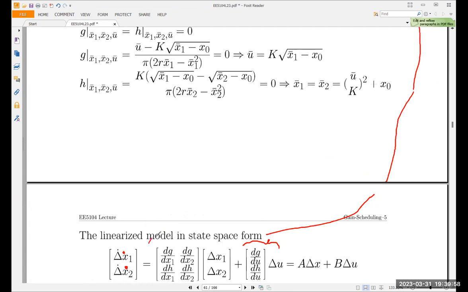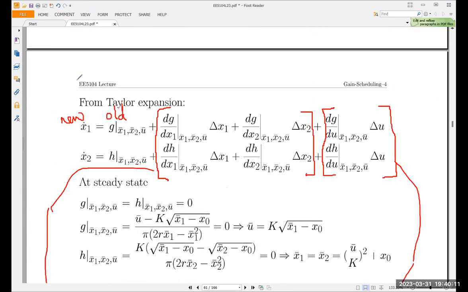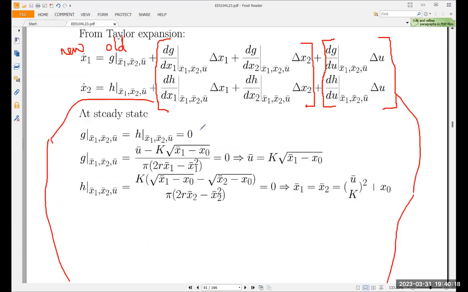And then this is reorganized into this. Okay. It's just algebra to rewrite this equation.